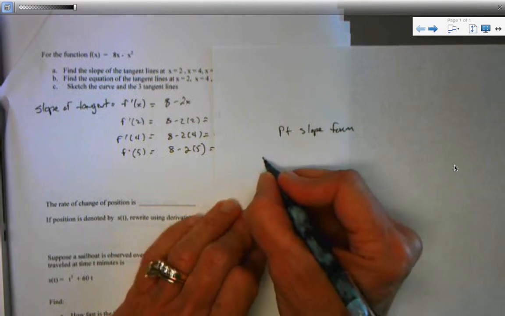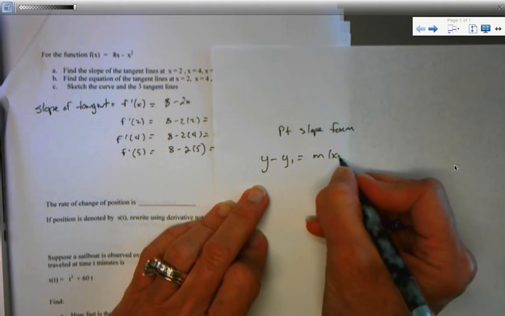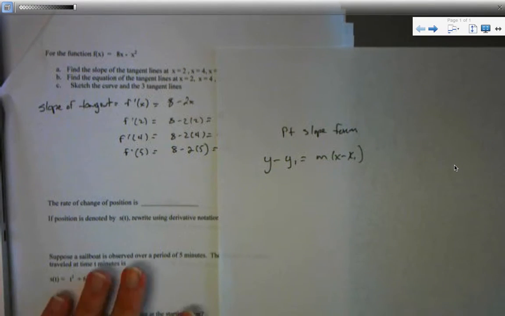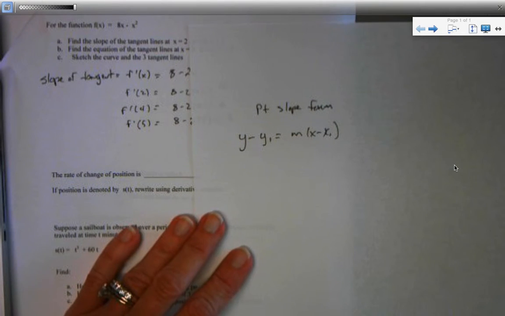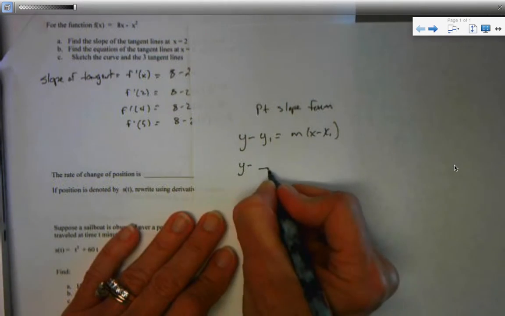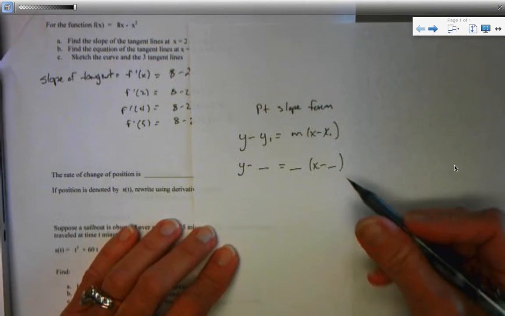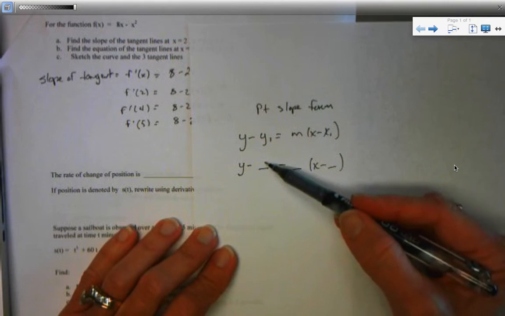Point-slope form is y minus y1 equals slope times x minus x1. All right, so I'm going to put blanks for the letters that need to be numbers. So y minus blank equals blank times x minus blank. So I need to find a value for slope, an x-coordinate, and a y-coordinate.